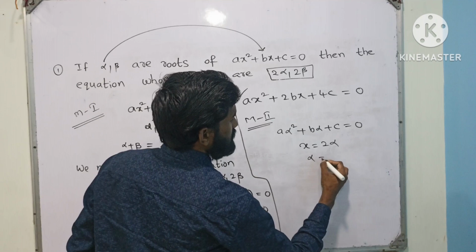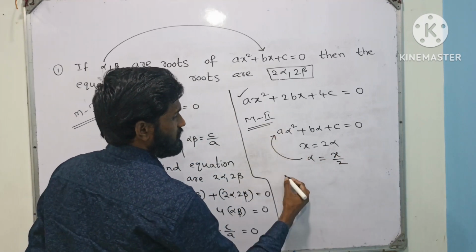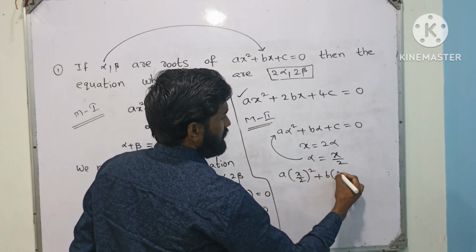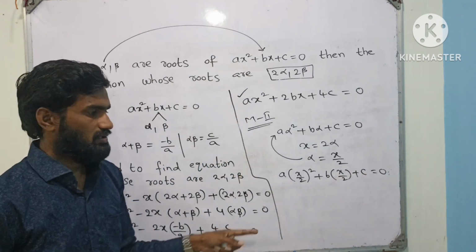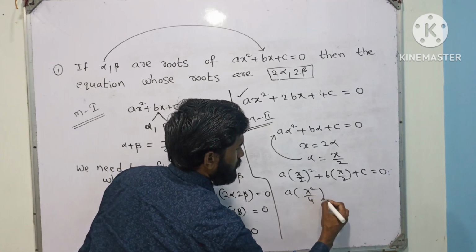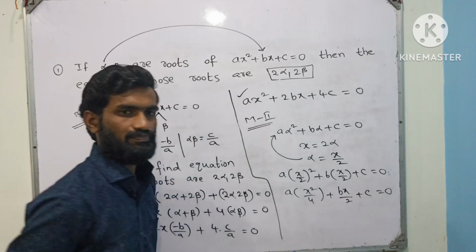Now from this alpha is equals to x by 2 we can take. So substitute this alpha equals to x by 2 in this equation: a into x by 2 whole square plus b into x by 2 plus c, which is equals to 0. Now after rewriting this, a x square by 4 plus bx by 2 plus c equals to 0.